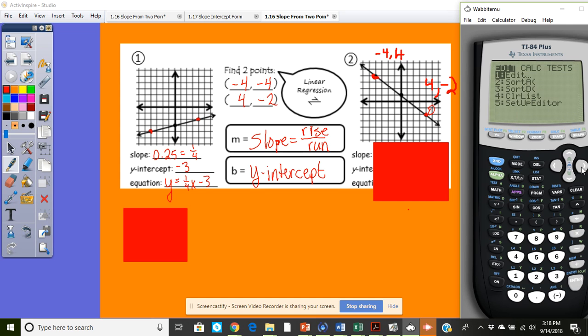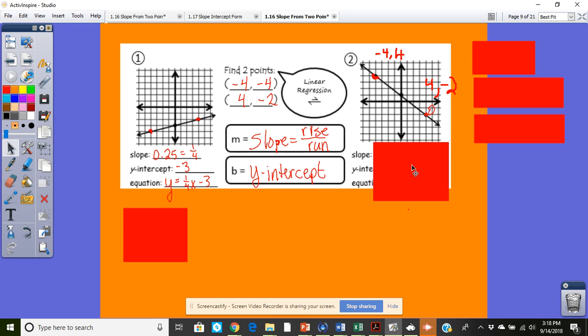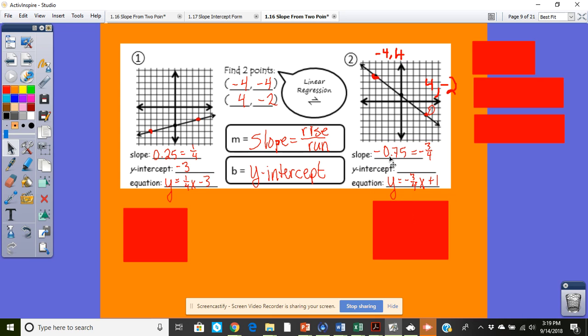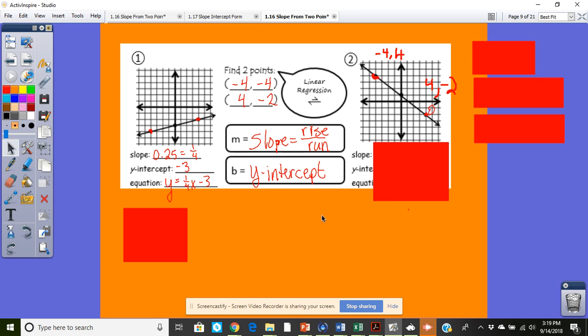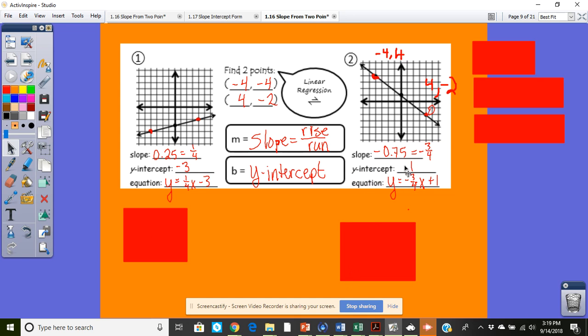So Stat, over to Calculate, hit 4, and then scroll down till you get to Calculate. And so it says that our slope is -0.75 and our y-intercept is 1. So -0.75 is the same as -3/4. Y-intercept was 1, so our equation is y equals -3/4 x plus 1.